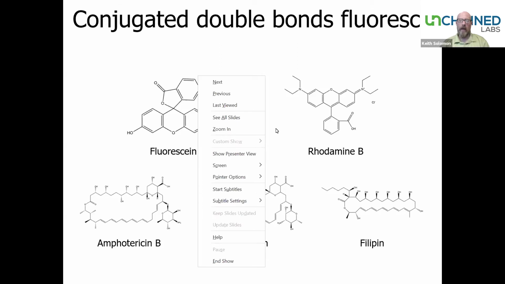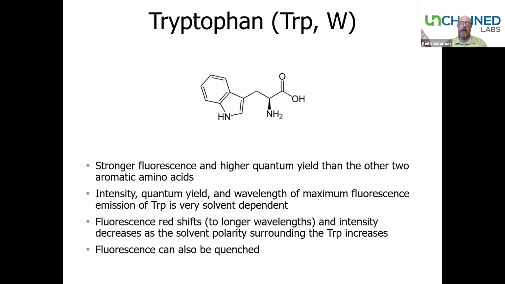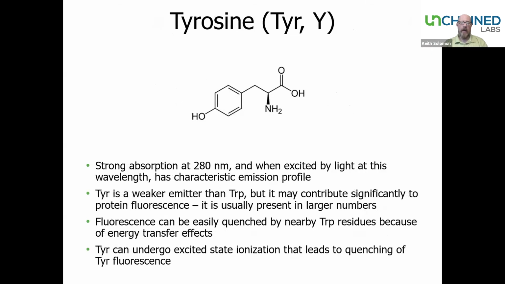Well, when we're talking about proteins, we're talking about the fluorescence of aromatic amino acids. Specifically, we're talking about tryptophan, which has the highest quantum yield, but actually the lower energy emissions profile of the aromatics. Tyrosine has a lower quantum yield, perhaps an order of magnitude lower than tryptophan, and it has slightly higher energy emissions.